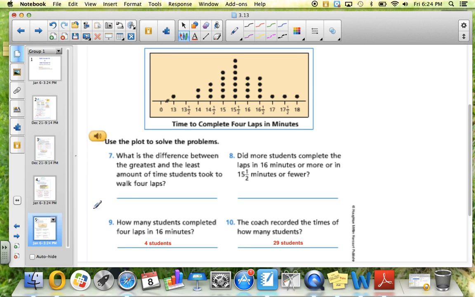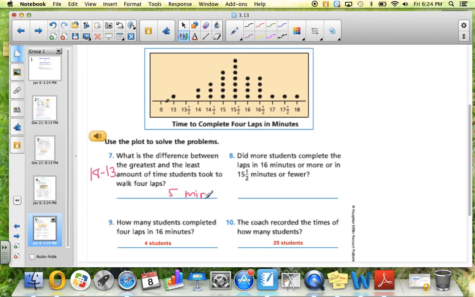We need to find the greatest, which would be 18, and then the least, which would be 13. So we're going to take our greatest and subtract our least to find 5 minutes.